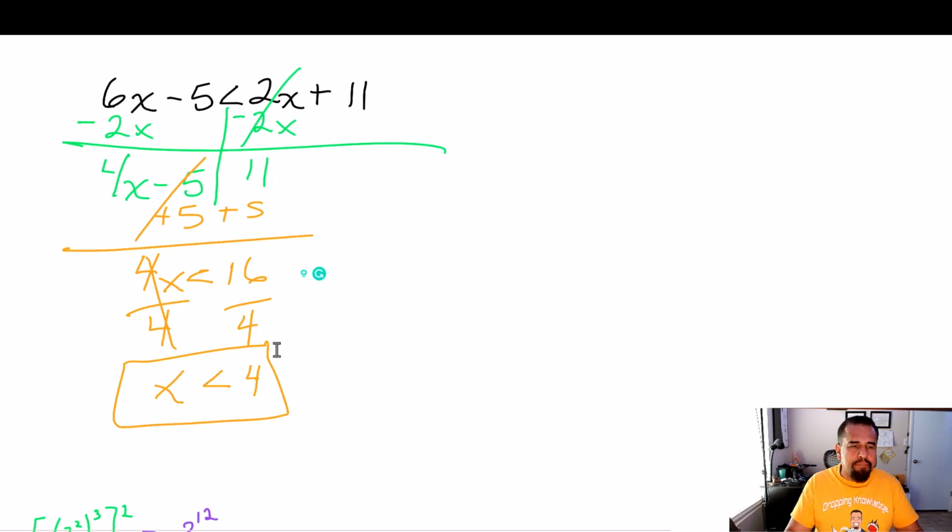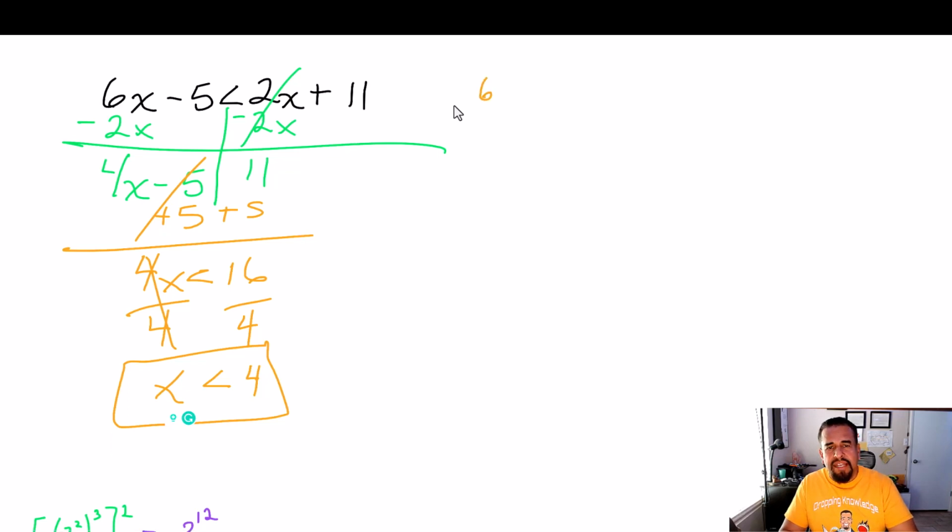And you can simply get any value that is less than 4 and plug it in for my x value up in my original inequality here, and the statement should be true. So let's go ahead and try it out. Anything less than 4, I'm just going to pick a 3.